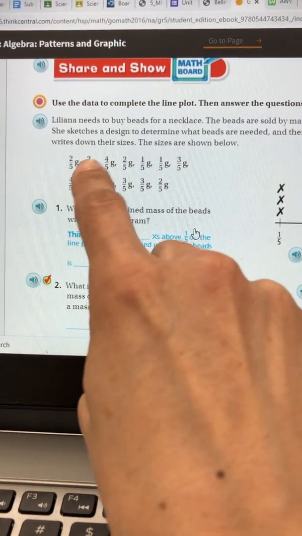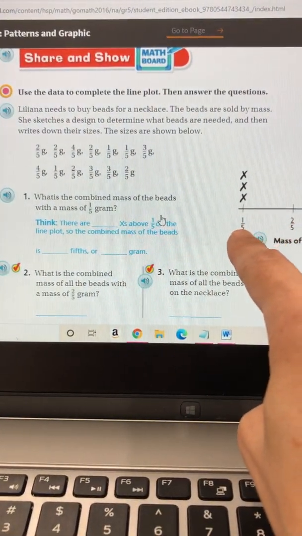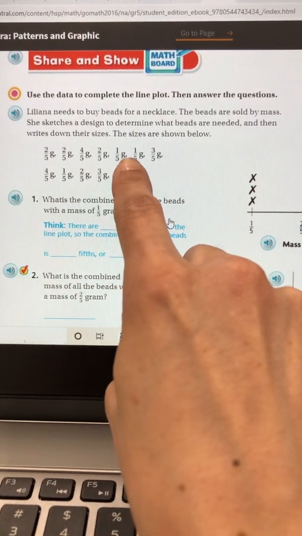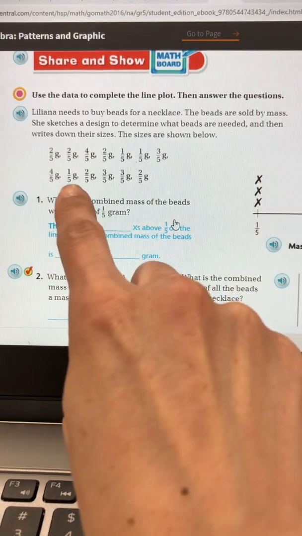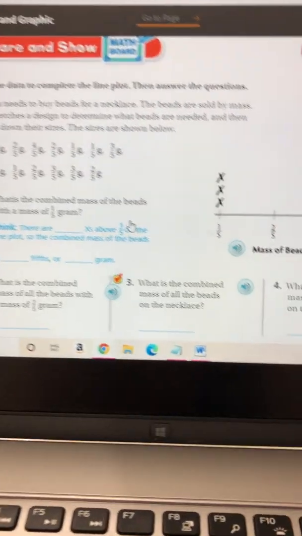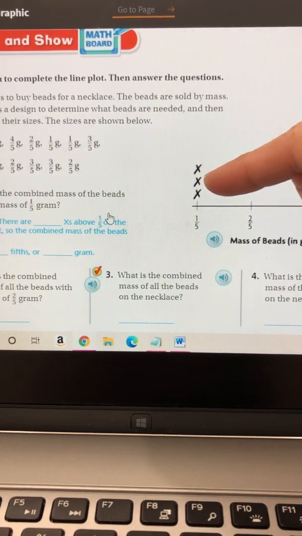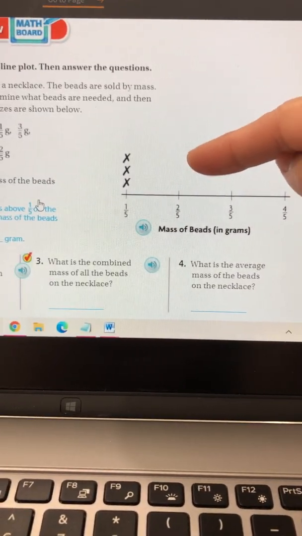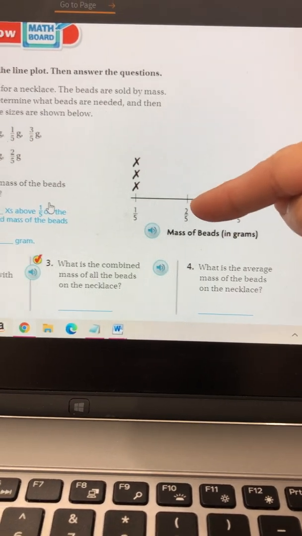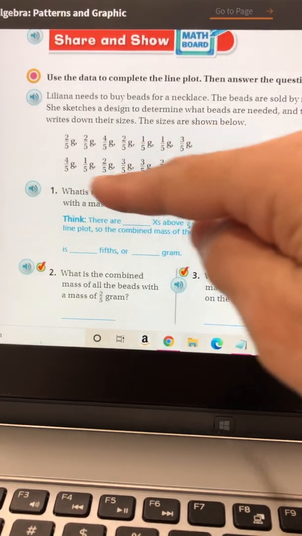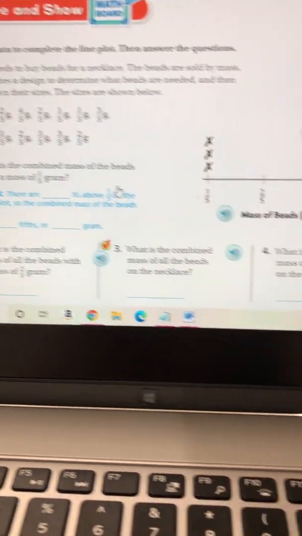So if you notice, we have 3 x's for 1/5. That means 1/5 is here, here, and one more time down here. So what we do is put an X for every single time that 1/5 pops up. We're gonna do the same thing for 2/5. We're gonna count how many times 2/5 comes up in this sequence of numbers and put an X.